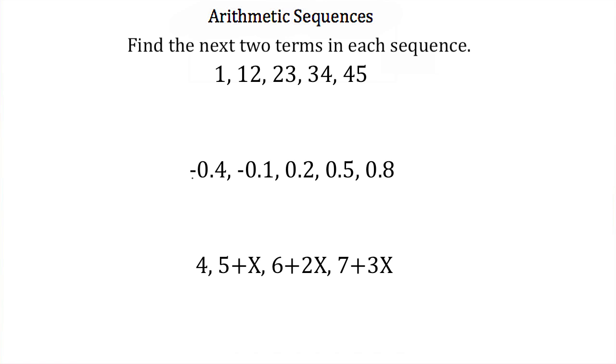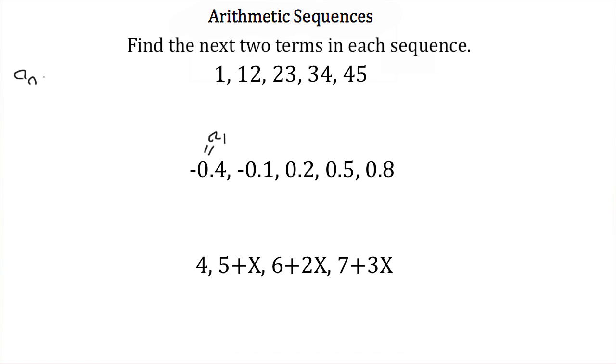Our sequence starts with negative 0.4, then goes to negative 0.1, then to 0.2, 0.5, and 0.8. So again, our first term is equal to negative 0.4, and we don't know our common difference. So again, we're going to use the formula.